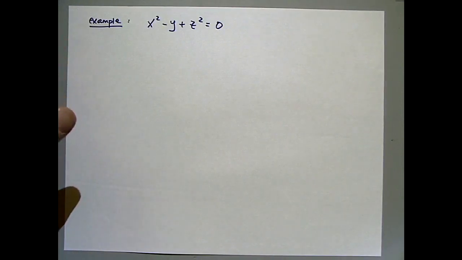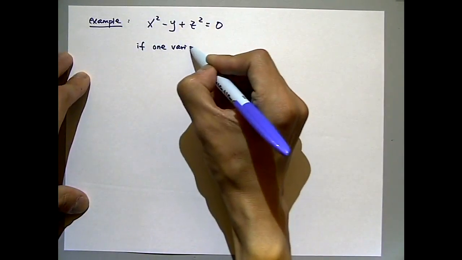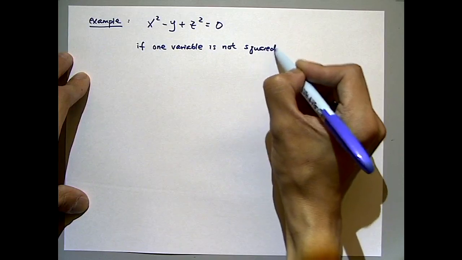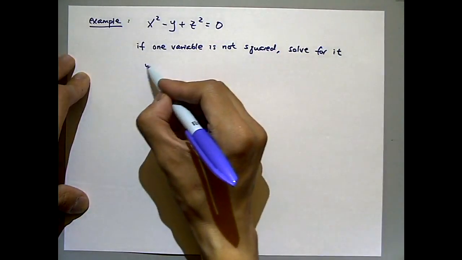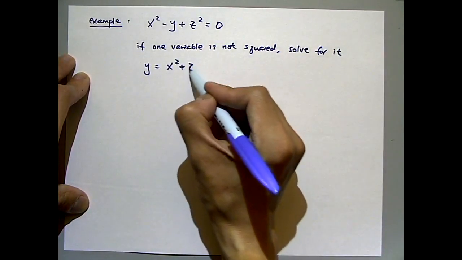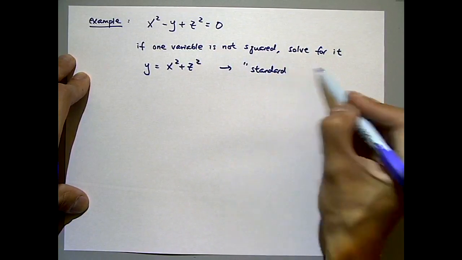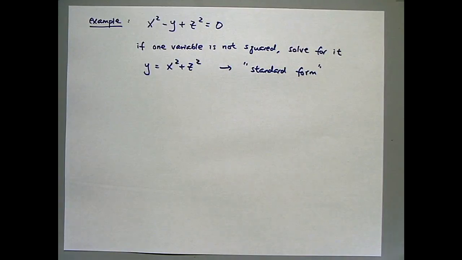All right, so when one variable is not squared, solve for that variable, and this is called a standard form. If all three are squared, then there's only one form that you could deal with.